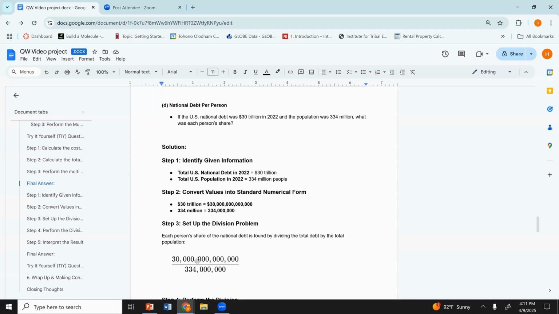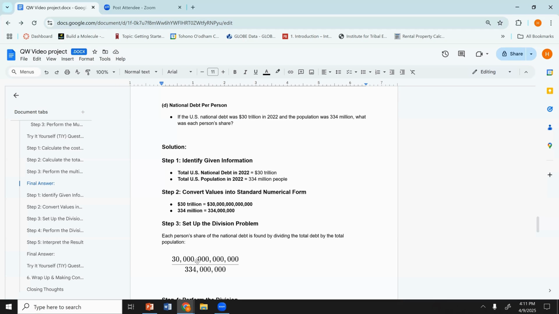If the US national debt was 30 trillion in 2022, which is true, and the population was 334 million, so how much of that debt, if we divide it among the population, how much is each person responsible for? That's what we are calculating here.